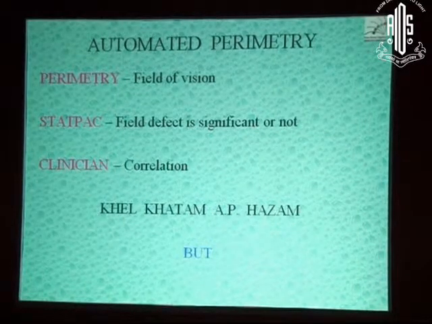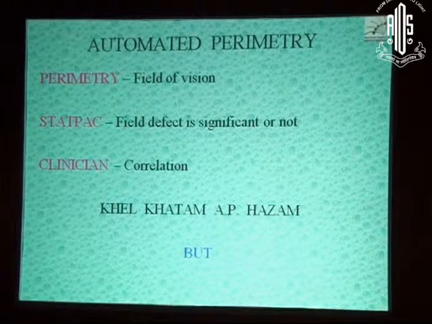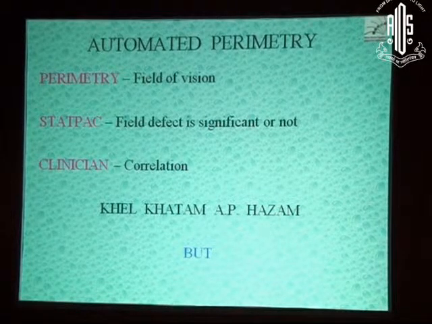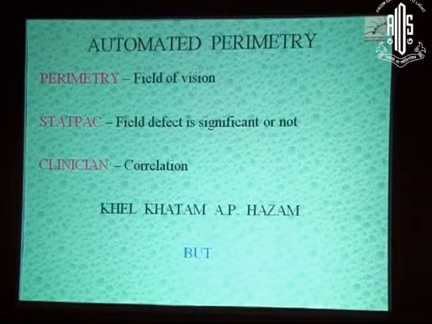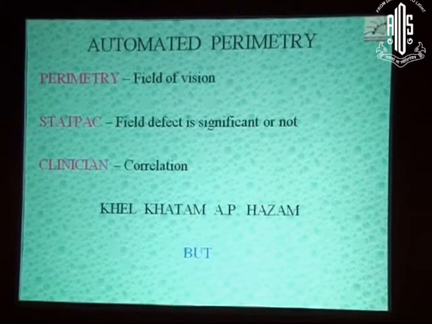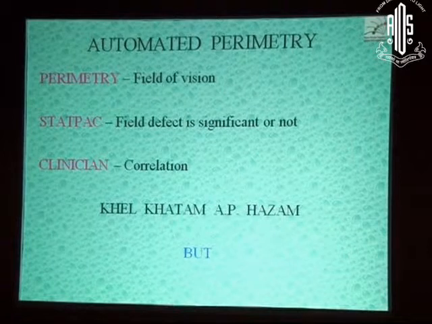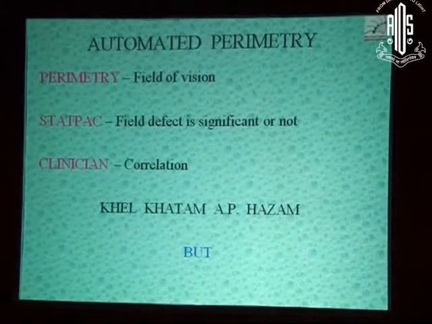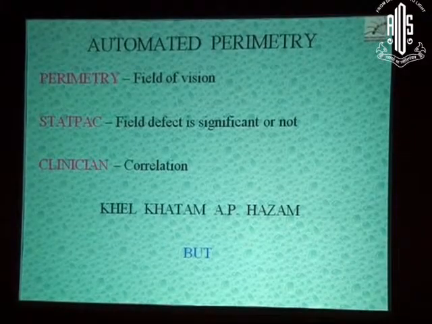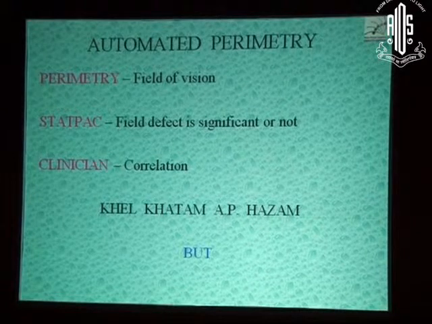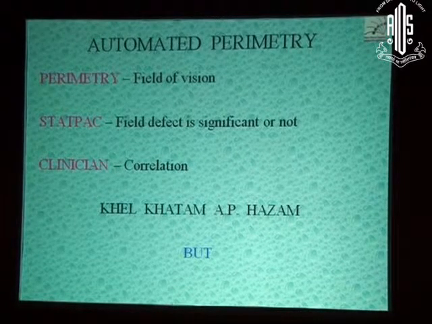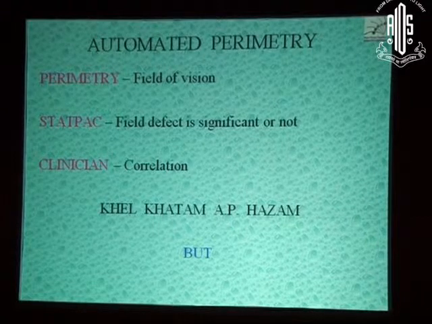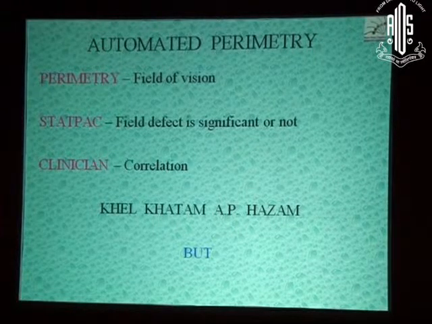So what perimetry does is the area-wise representation of the field of vision, and with the StatPac analysis we get whether there is any defect, or if a defect is there, whether it is significant or not. As a clinician, you need to do just the correlation. What is the need of getting all together into the machine as well as the field interpretation? So with automated perimetry, you can think the clinical part is already over by this.